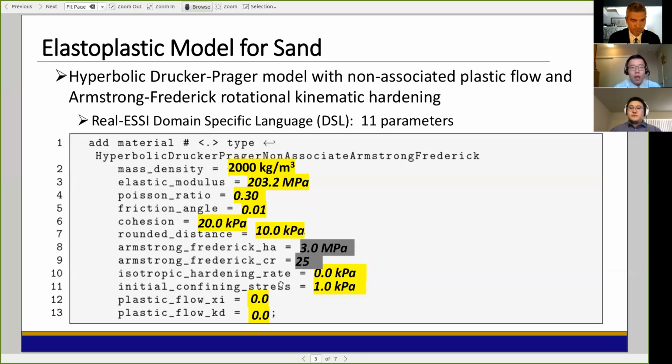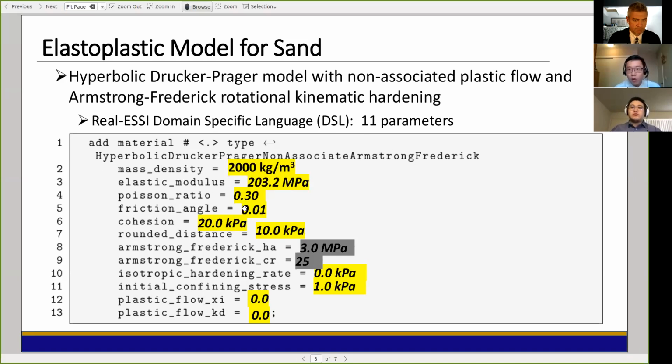Then this is the real ESSI DSL that you can use to model such a sand, and we have 11 parameters for this model. You can see the first 3 parameters we already determined from the elastic parameters. Then there is the parameter called friction angle.